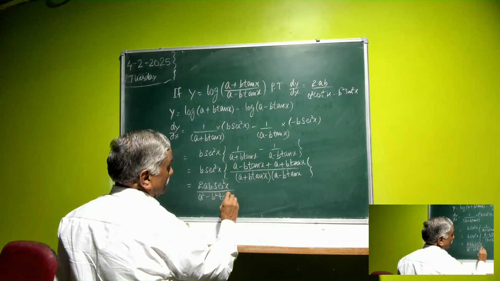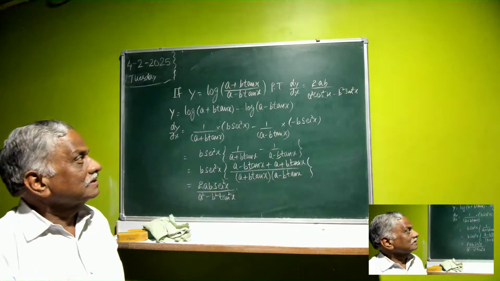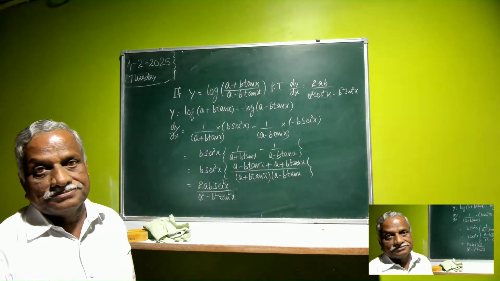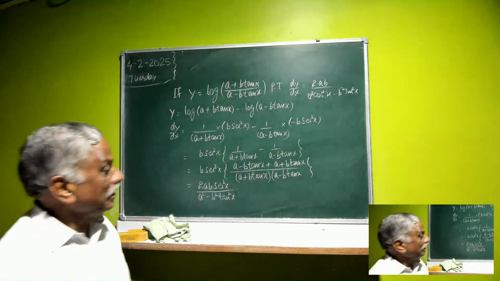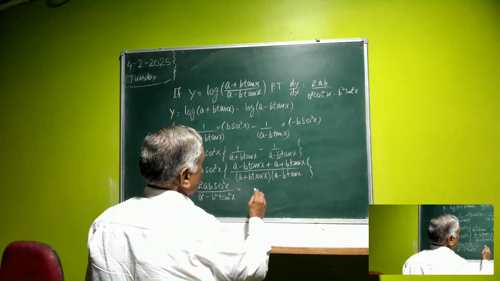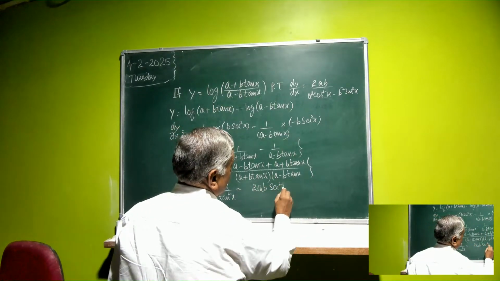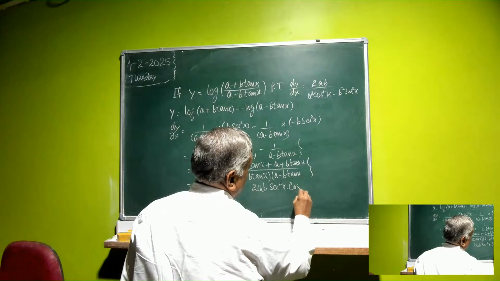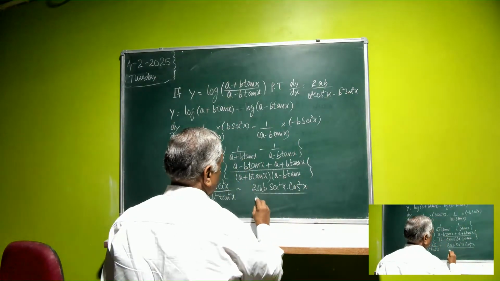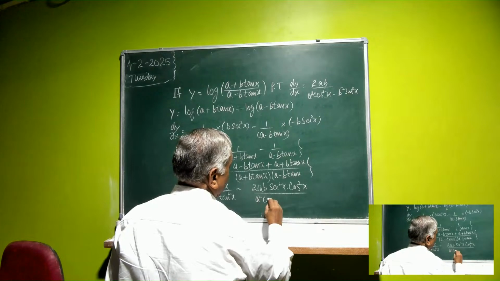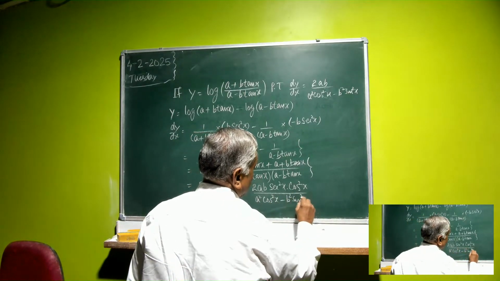Now look at the answer. The answer is in terms of sin and cos. We are going to answer in terms of tan. So let us convert tan into sin and cos. So what will happen is 2ab secant square x into cos square x over a square cos square x minus b square sin square x.